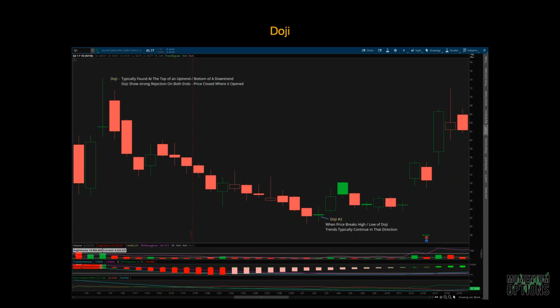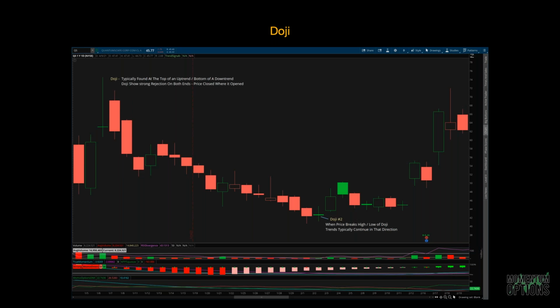Again, I'd say 99 times out of 100, maybe it's more like 95, dojis are found at the top or bottom of trends, and when they're there, that is typically the end. If you find it in the middle of a trend, and you can, and it tends to be more obvious, you'll see that they're more of an indecision candle.